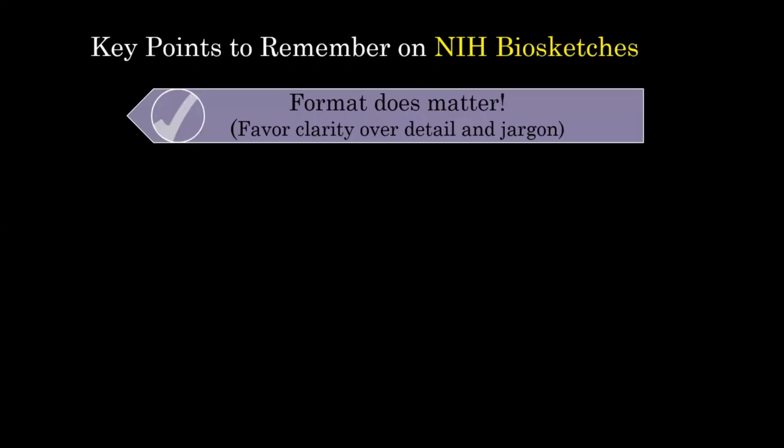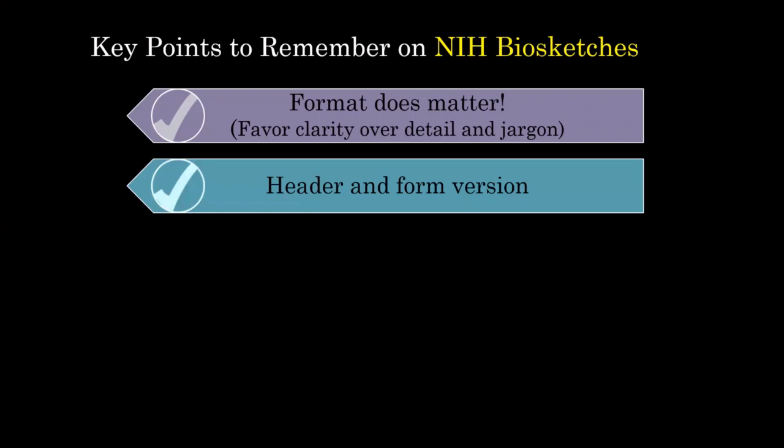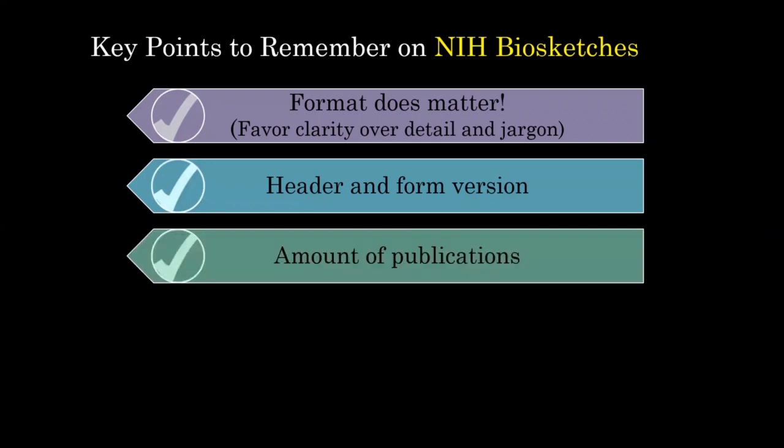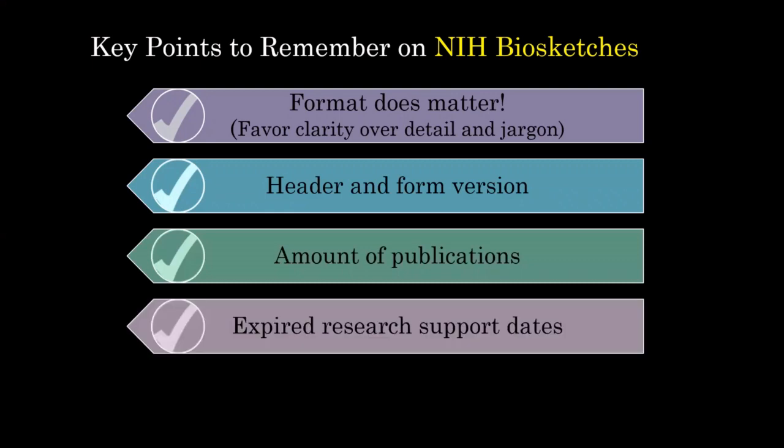So some last key points and reminders: format does matter. It's really important to have that consistency in your application. Always make sure you have the correct form and header version. Check the amount of publications.